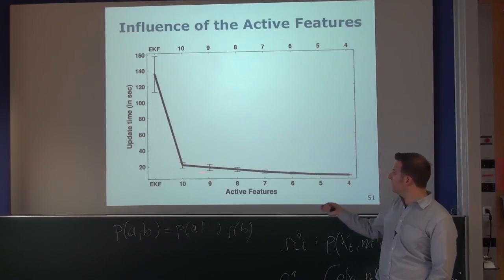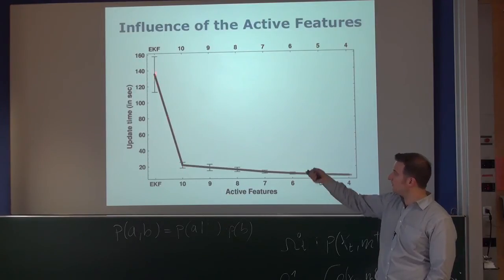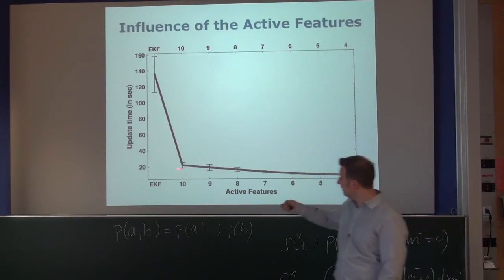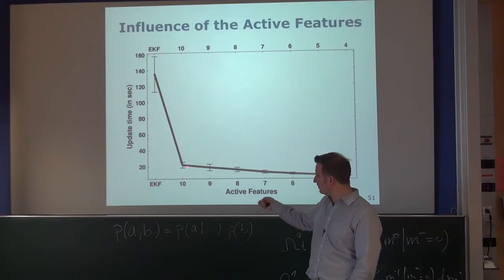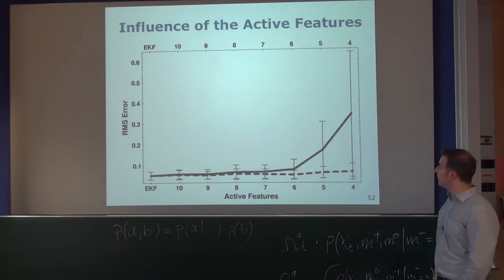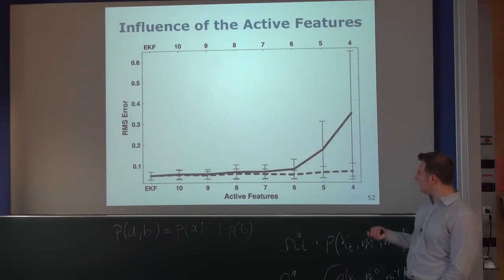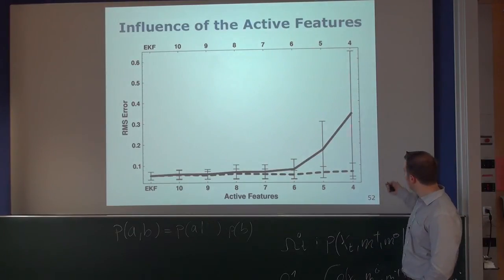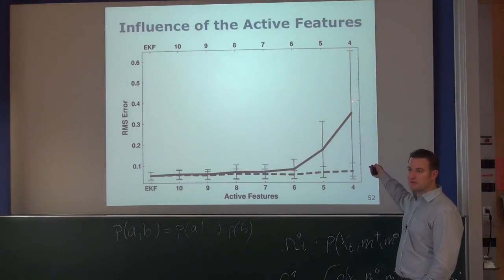But if we look at the number of active features, we can see that up to 10 active features are still substantially faster than the EKF. Of course, this simply means all, so this curve would grow something like this. And if I look at the approximation error in my estimate versus the active features, you can see that if I have a small number of active features, like 4 or 5, I make really big errors with the SIFE.